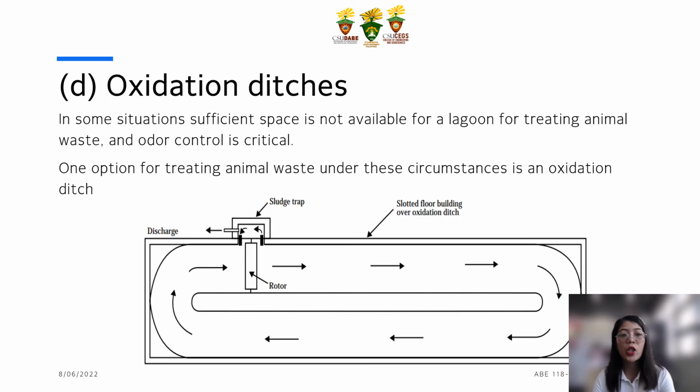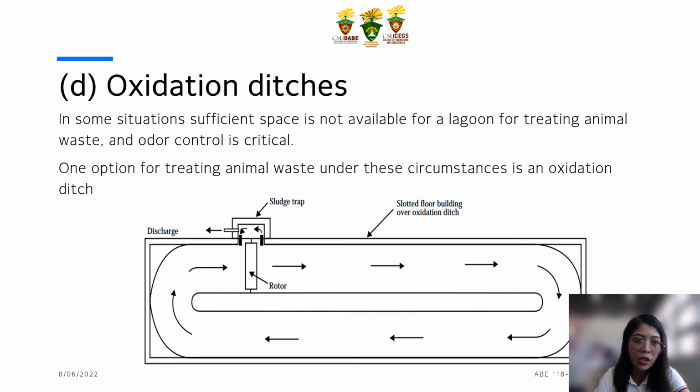In some situations, sufficient space is not available for a lagoon for treating animal waste, and odor control is critical. One option for treating animal waste under these circumstances is the oxidation ditch, like aning as a figure or picture. The shallow continuous ditch generally has an oval layout. It has a special aerator spanning the channel.